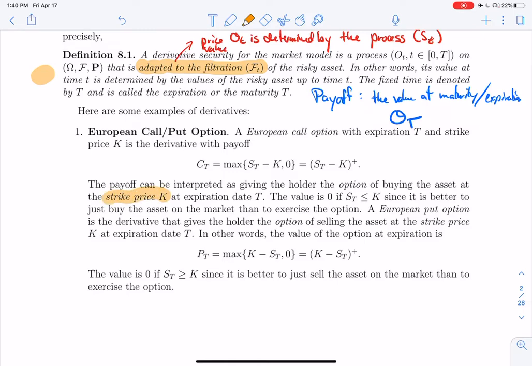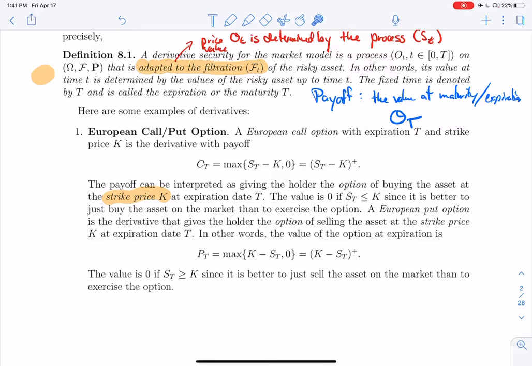So what is the financial meaning of this? At expiration, if I own an option, if S_T is bigger than K, then I have a positive value for my option. And if S_T is smaller than K, then the value is 0. So this derivative gives you the option of buying the asset at the price K at expiration.